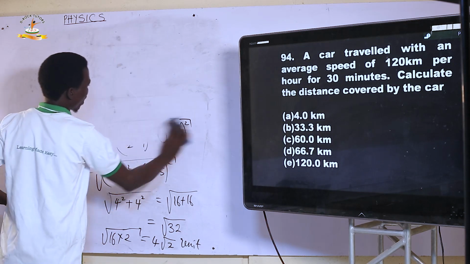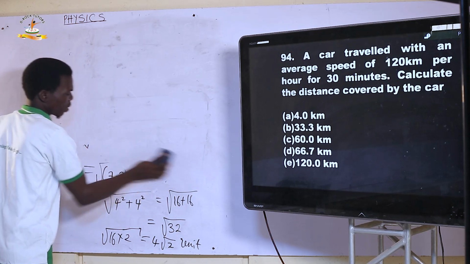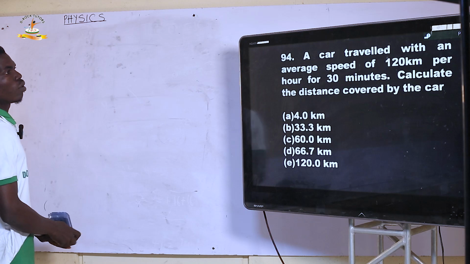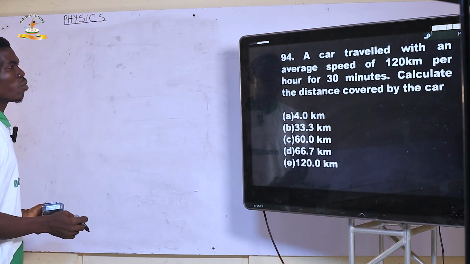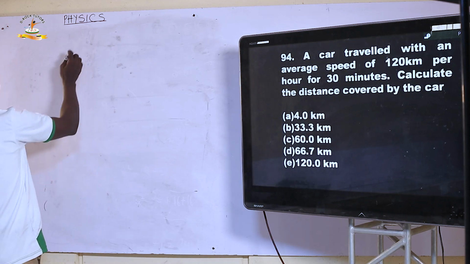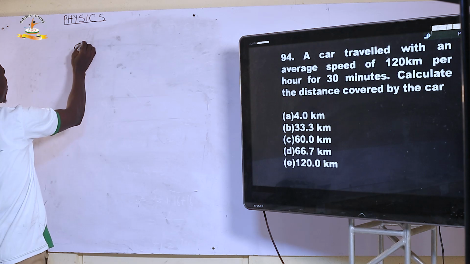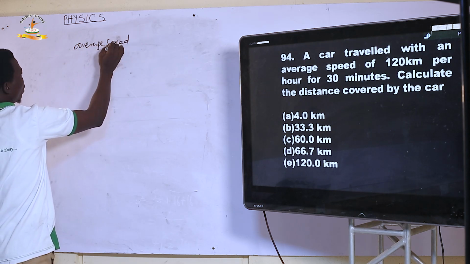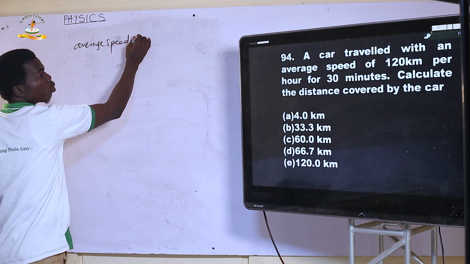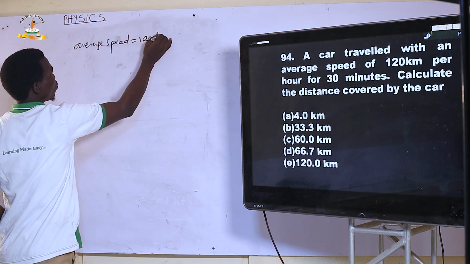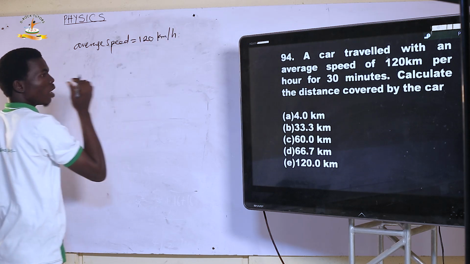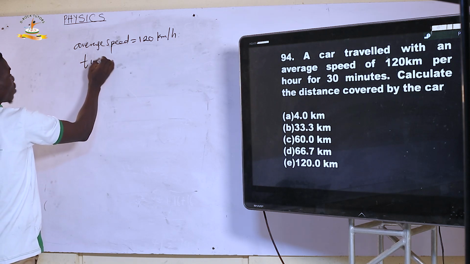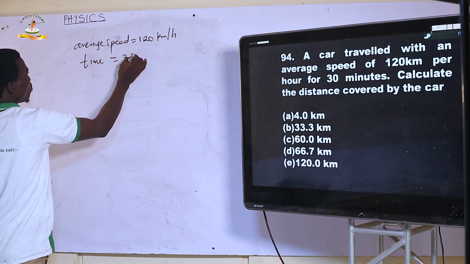So let's take a look at the parameters given to us. We have a car with an average speed equals 120 kilometer per hour, and you do that for time t. Time equals 30 minutes.